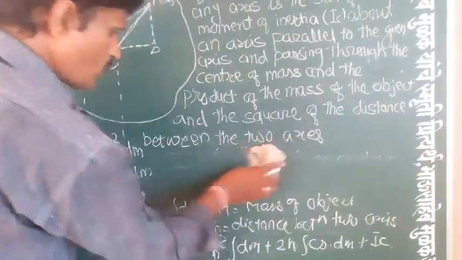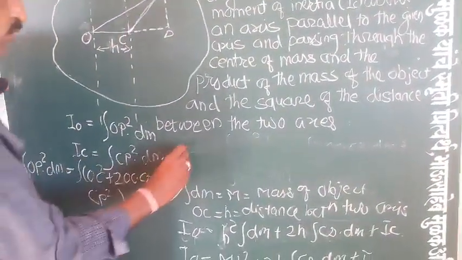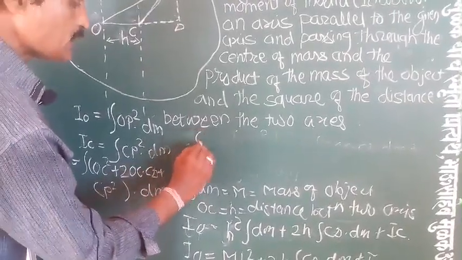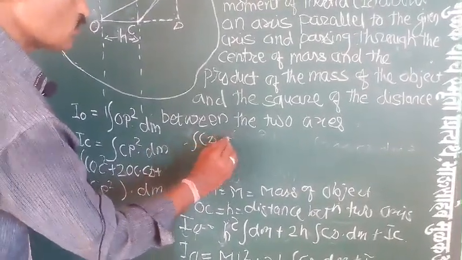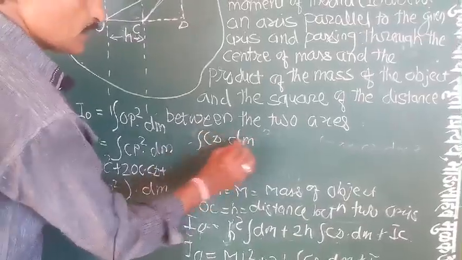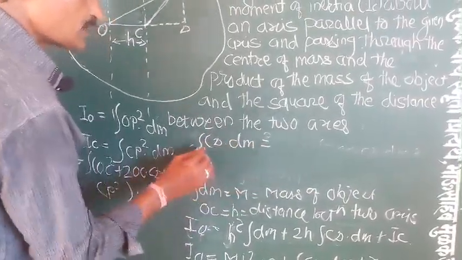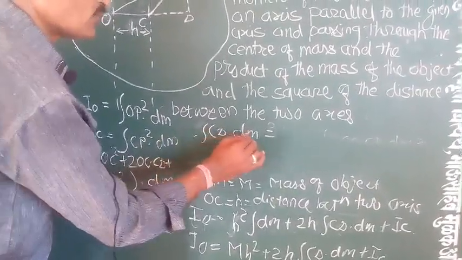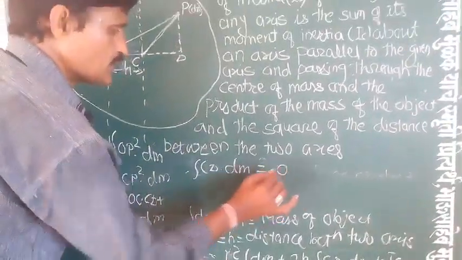Since the axis passes through the center of mass, integration of CD into dm is equal to 0.